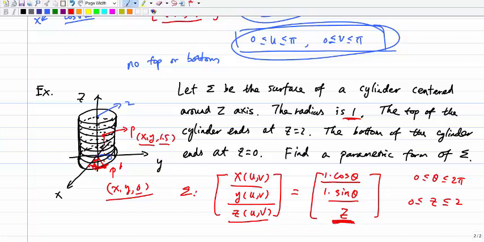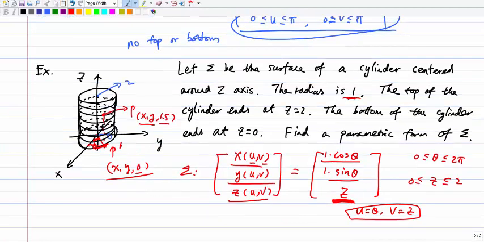So you can see here my u and v will be: u is theta and v is z. I have two variables. You can change the variable names. You can say this is cosine u and sine u, and z is v. That's fine.